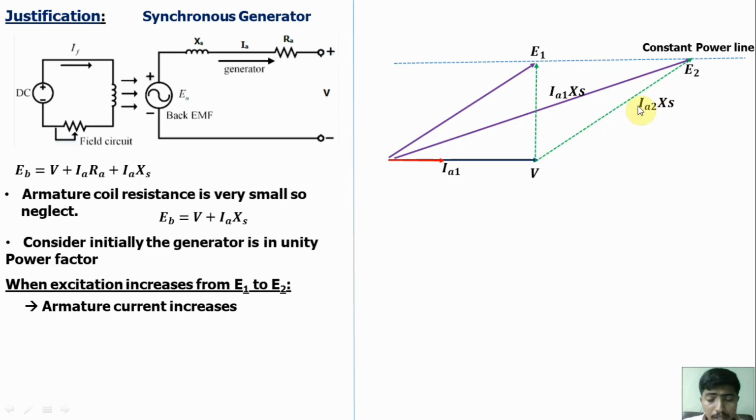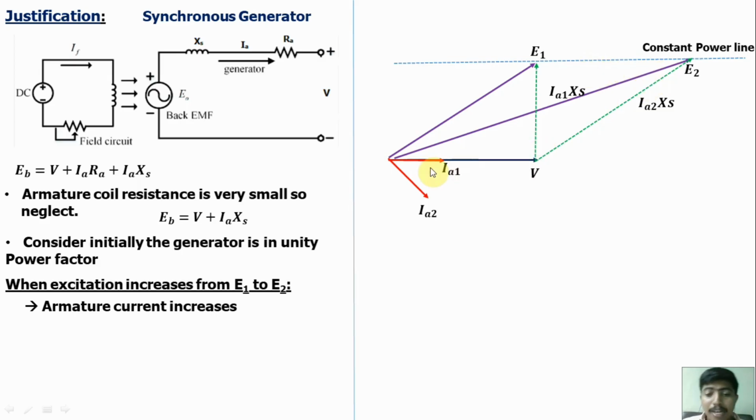Now what will be the effect on power factor? The IA1 axis shifted in the clockwise direction. So the armature current also shifts clockwise with the same angle, because the IA1 axis changes from this point to this clockwise direction.